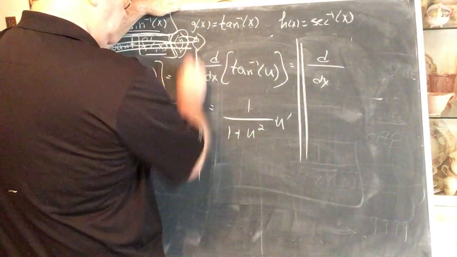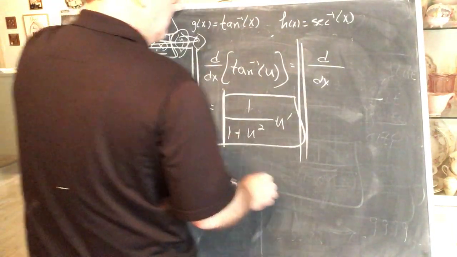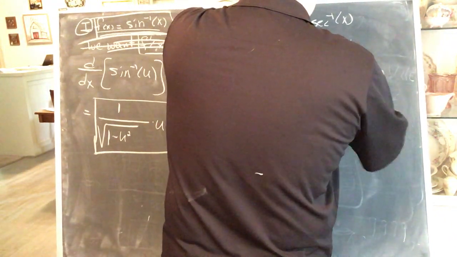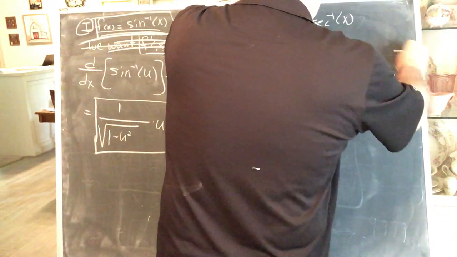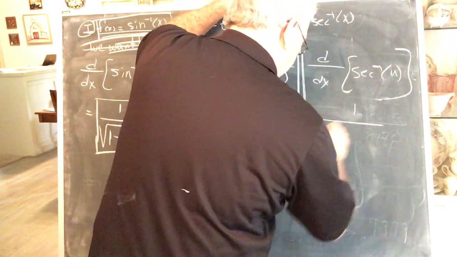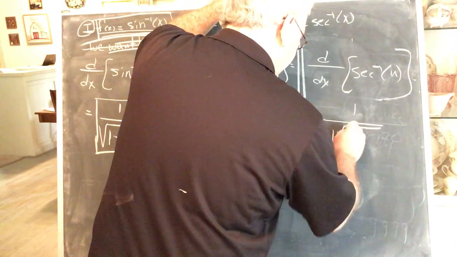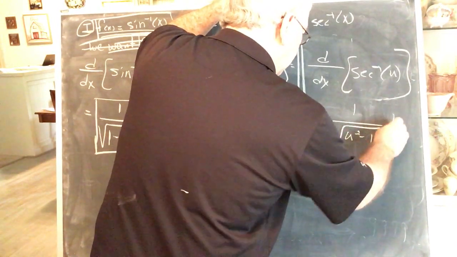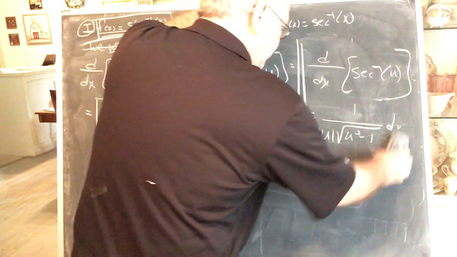And secant inverse is 1 over absolute u square root u squared minus 1. Oops, I need u prime.